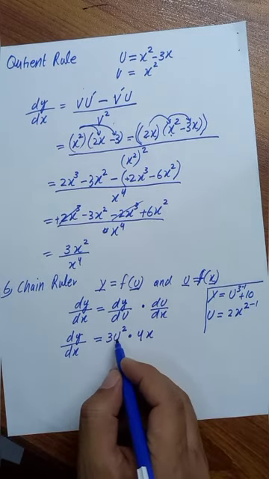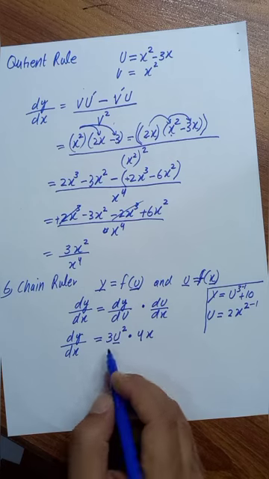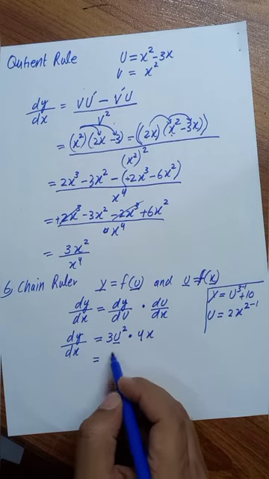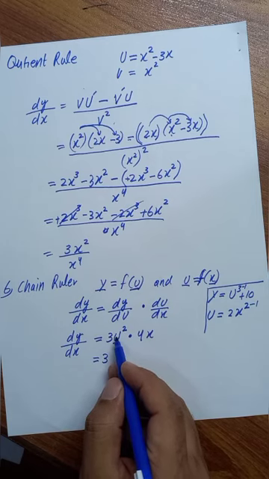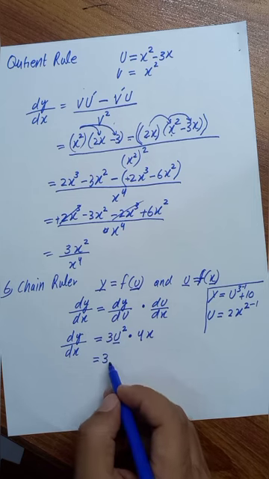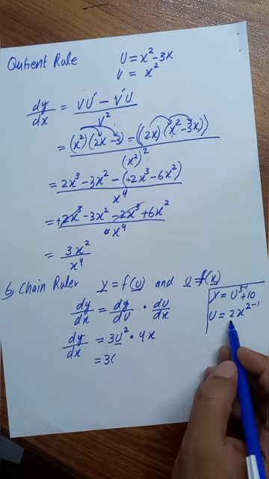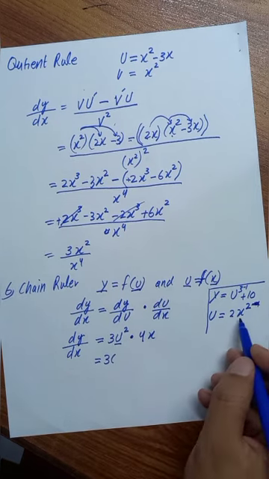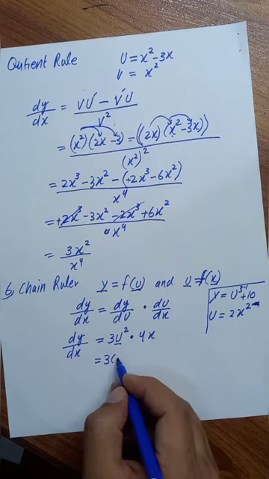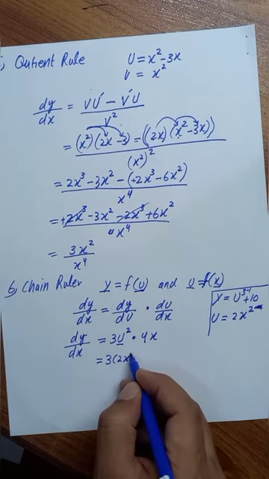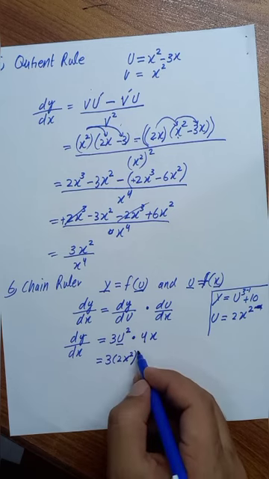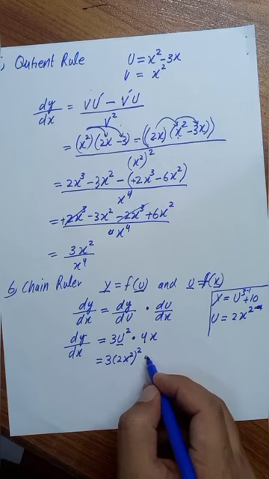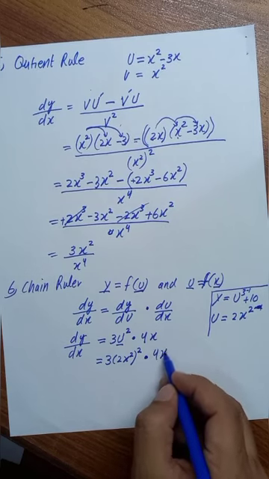Okay, now we are putting the value of u in the formula, so we will write 3 as it is, and we will write the value of u inside. The value of u is 2x square, and again we have the power on it, we will also write the power, multiply 4x.